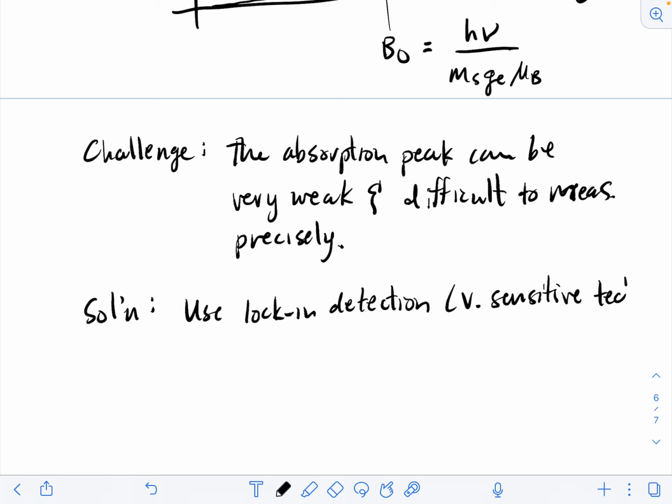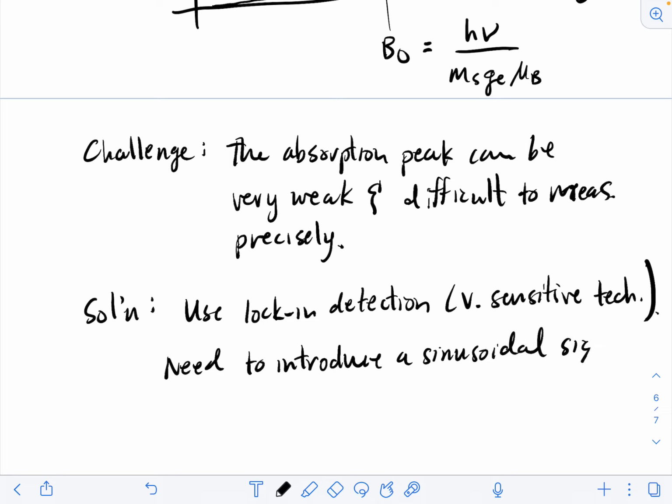To do that, we need to introduce a sinusoidal signal to the measurement, so that we have a reference signal of a known AC frequency to supply to the lock-in detector, and then we can measure very small signals of the system's response at that frequency.